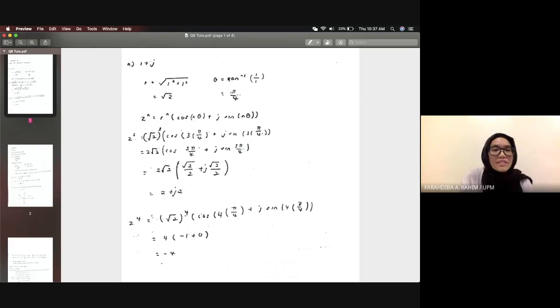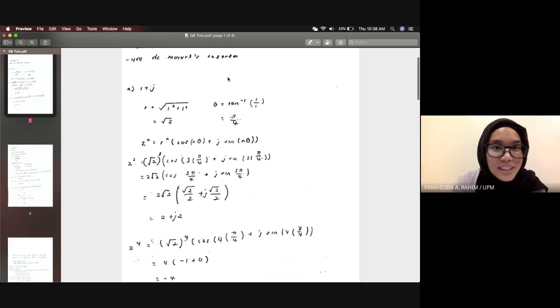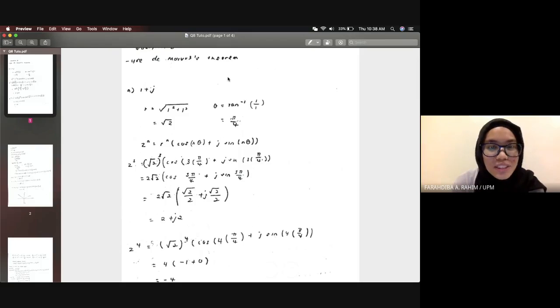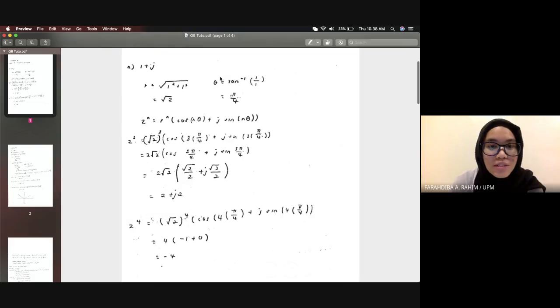Okay, so the first question asks to use De Moivre's theorem to solve this complex number, the third and fourth power for this complex number. So the first step is to solve for the modulus and also the argument. And then this is De Moivre's theorem.